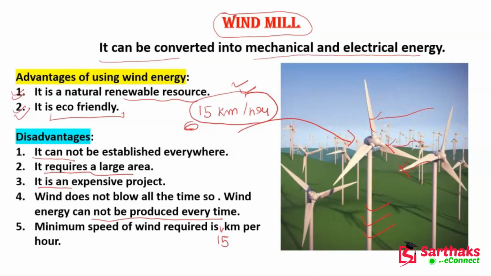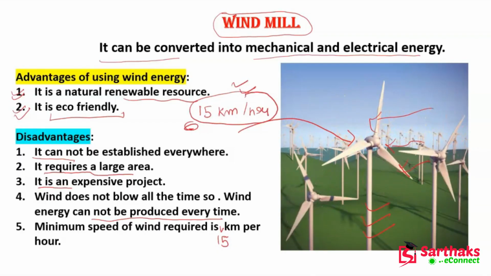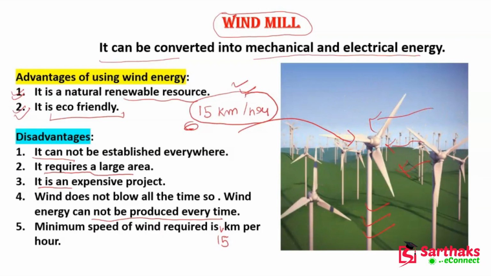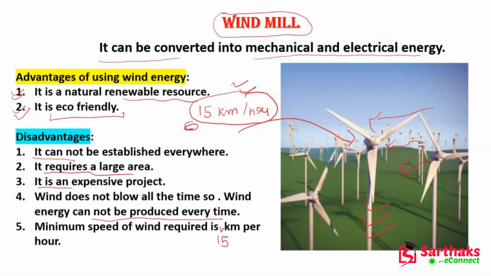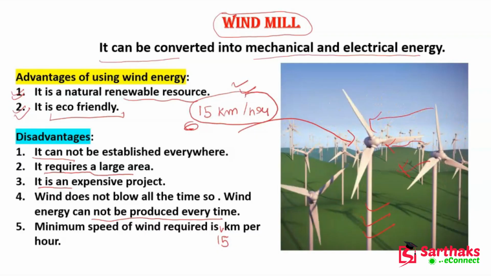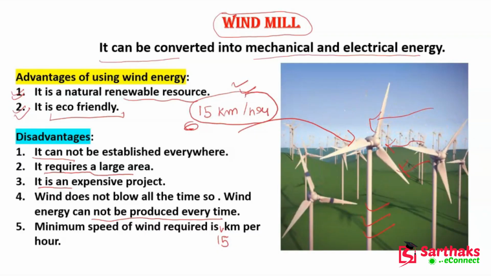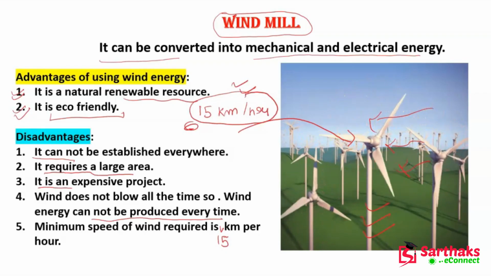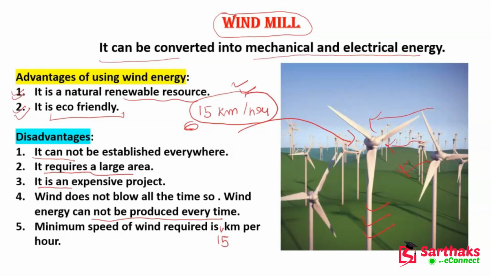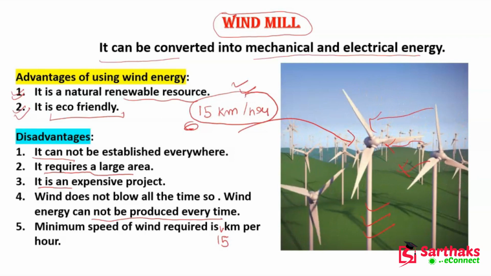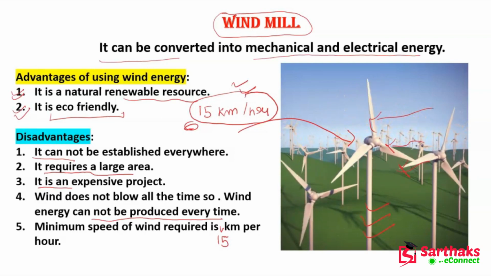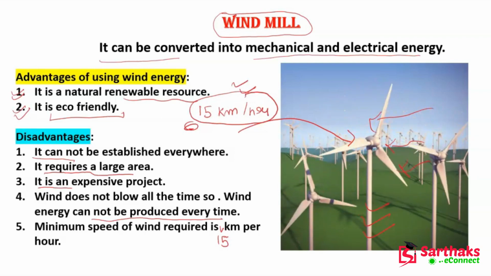The first advantage is that it is a renewable resource. We can renew it again and again. It is not going to be finished. Second, it is eco-friendly because there is no production of any type of smoke, ashes, or any type of harmful gases. So that is why this makes it eco-friendly.